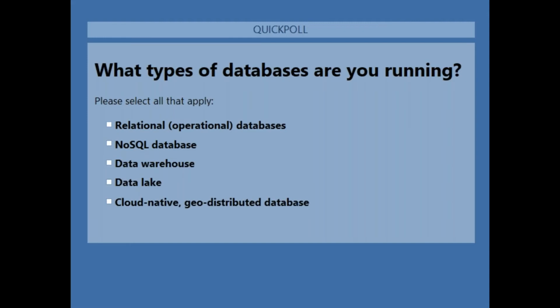Are you running a data warehouse? Are you running a data lake? By the way, in each of those cases, that could be on-prem or in the cloud. We're not being picky about that. And what about this class of database we were just talking about, the cloud native, globally distributed database? All that apply. These answers will add up to more than 100%.